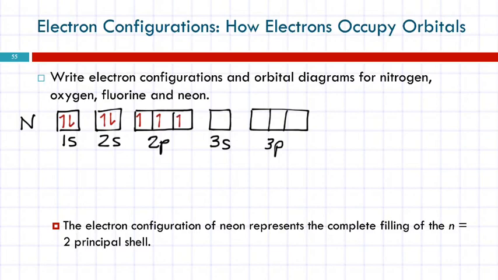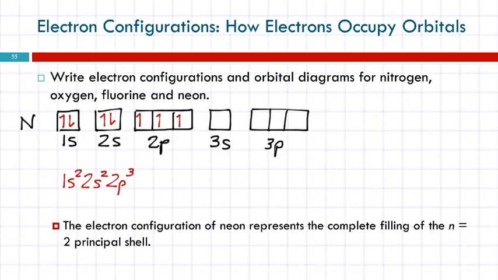So that's nitrogen. So the electron configuration would be 1s2, 2s2, 2p what? 3. These superscripts, 2 plus 2 plus 3 equals 7. Those should add up to the number of electrons. So that's nitrogen.